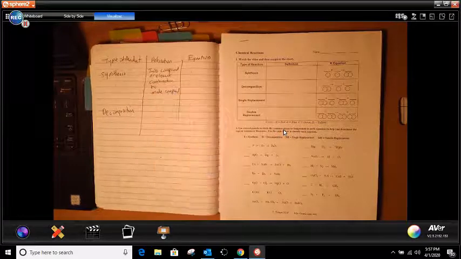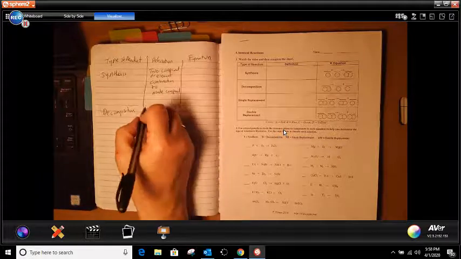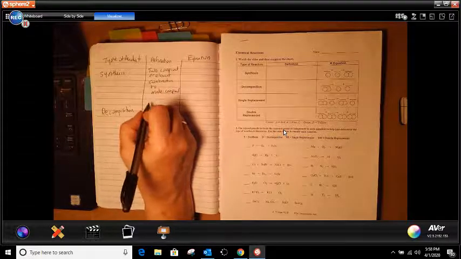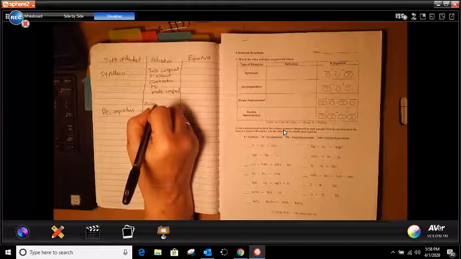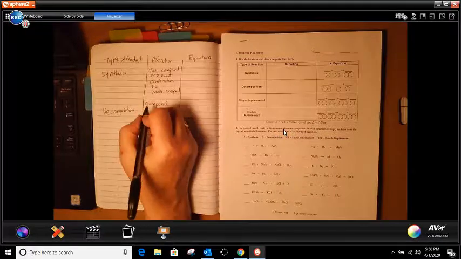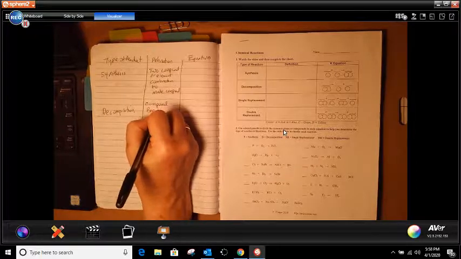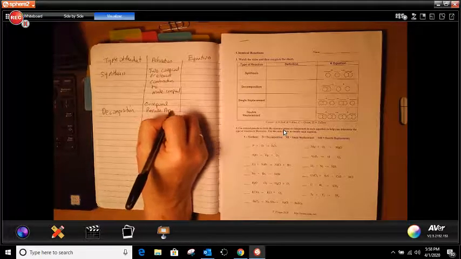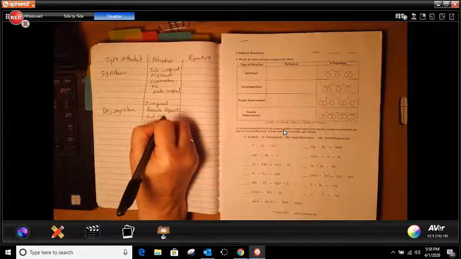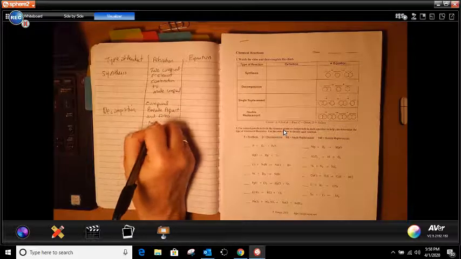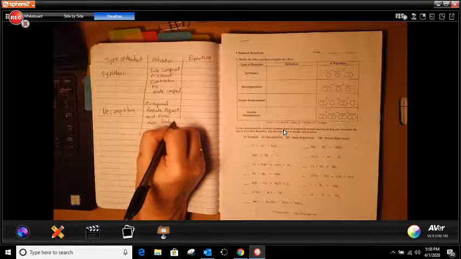Okay? And then decomposition is where you have a compound that breaks apart and forms 2 products. Okay?